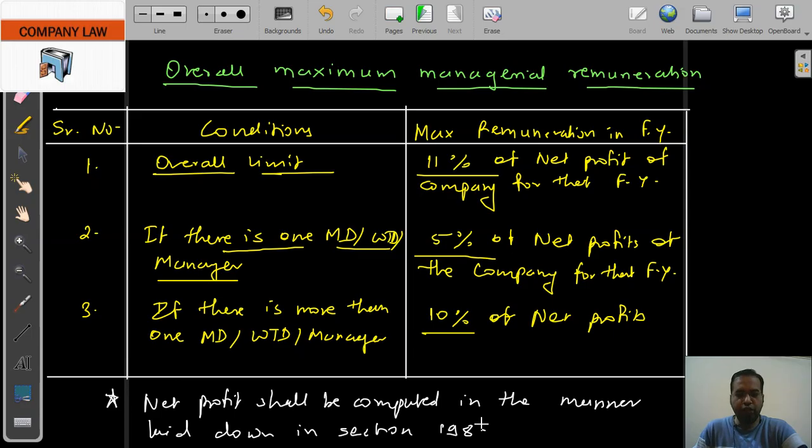How is the remuneration determined? The remuneration payable to the directors of the company, including any MD or whole-time director, shall be determined in accordance with the articles of association by resolution, and if the articles so require, by special resolution.